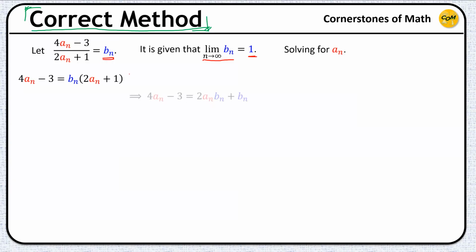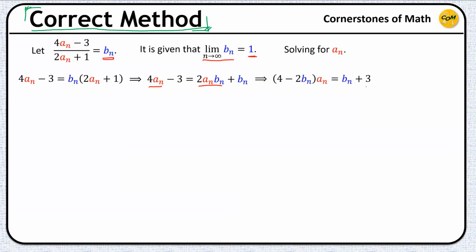If we expand the right-hand side, it becomes 2an times bn plus bn. And if we move every an term to the left-hand side, we have (4 minus 2bn) times an equals bn plus 3, which gives an equals (bn plus 3) divided by (4 minus 2bn).